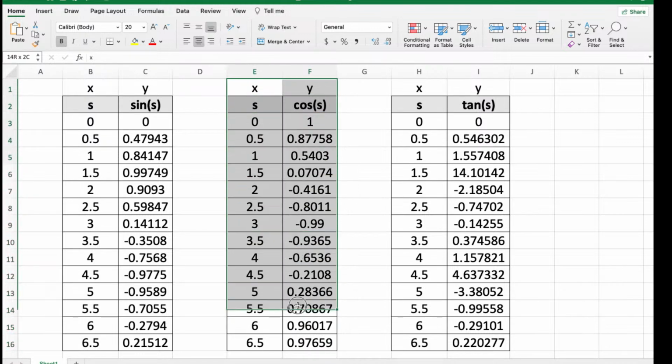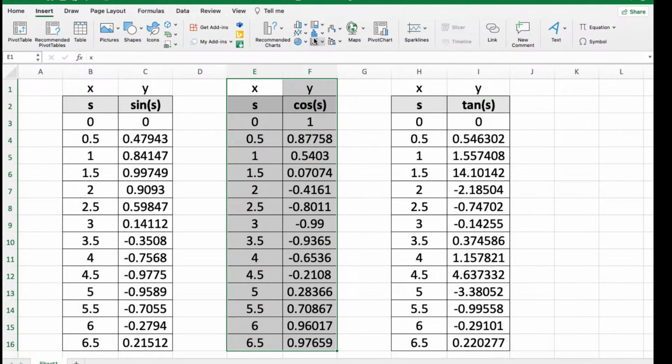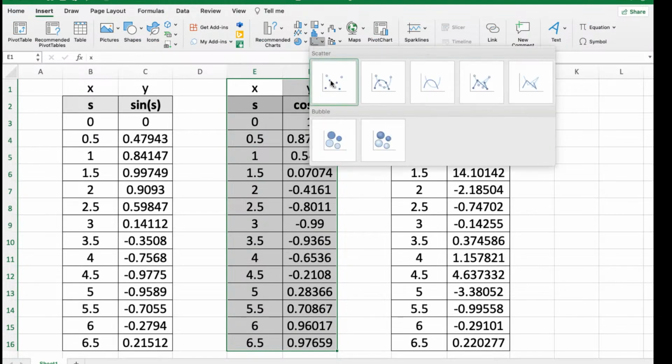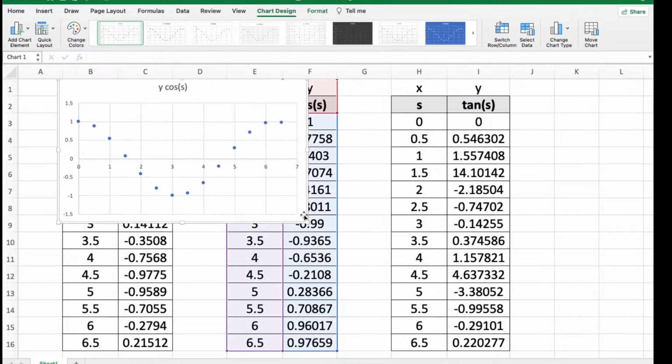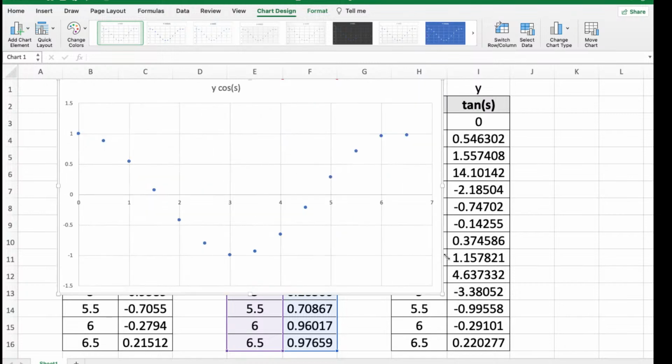So what I'm going to do here again is highlight that, and I'll say insert this picture. Really, it's just plot the points. And when you plot the points here for cosine, let's see what this looks like. Okay, you guys see that there? Where do you start with these points?